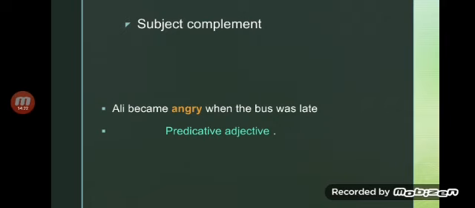Predicative adjective is different from the attributive adjective. Predicative adjective will modify the subject. What is the subject? If we see the example here, the subject is Ali, and it is modifying the subject of a sentence by giving him the adjective of being angry.